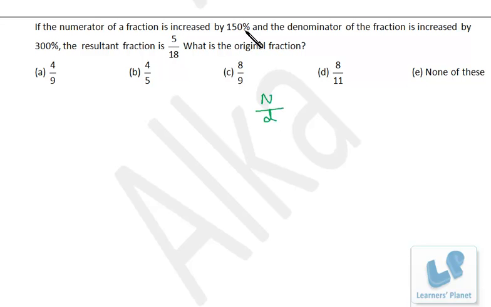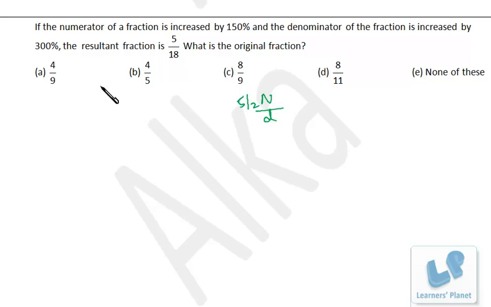The numerator is increased by 150%. That is 150% is what? 3 by 2, you must be knowing that. So the increase is 3 by 2, that means initial plus this increase, the new numerator will be 5 by 2 of the original numerator, right? So it's 5 by 2 of n, the new numerator. The denominator of the fraction is increased by 300%.